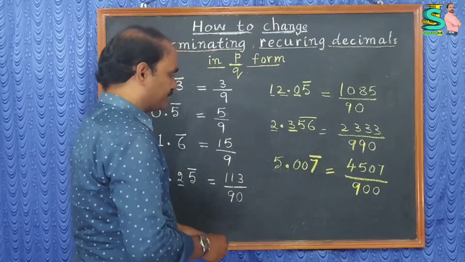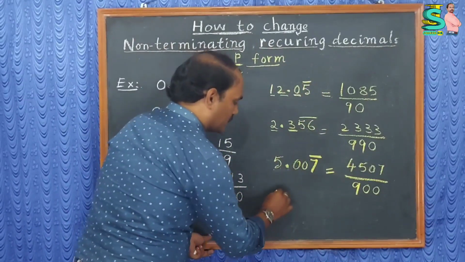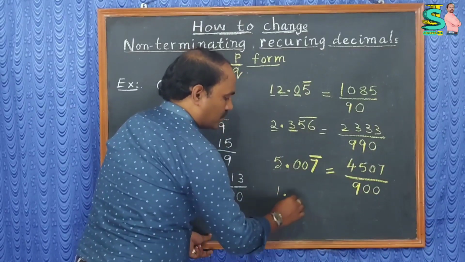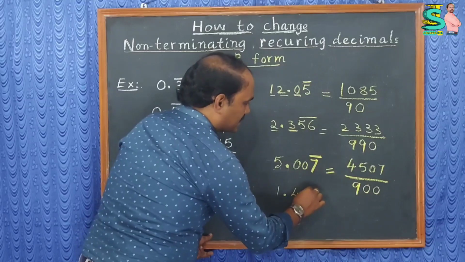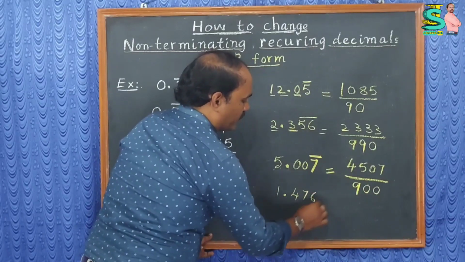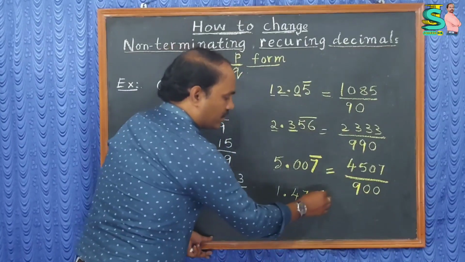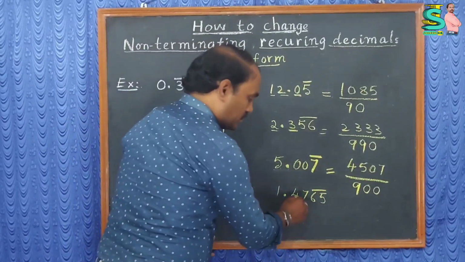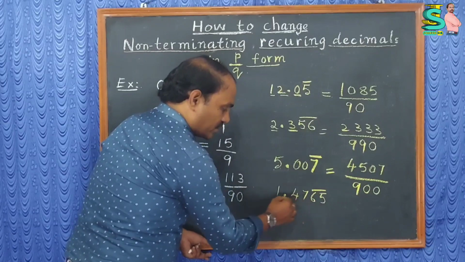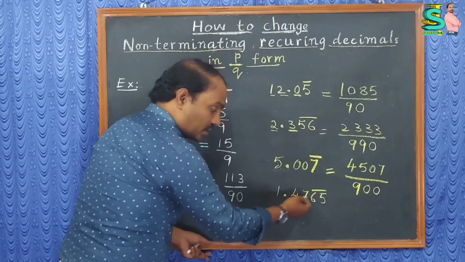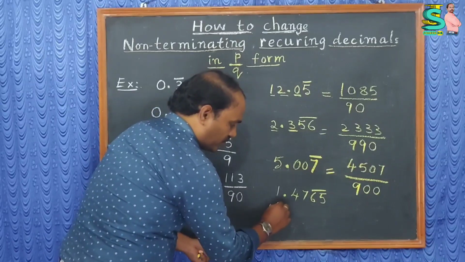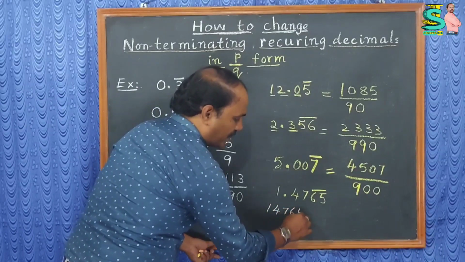One more question. 1.4765. Here we can write these 2 digits under the bar. So how can we write this one? Without the bar and without the point, you should write 14765.